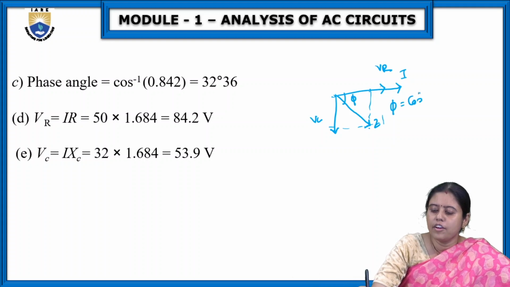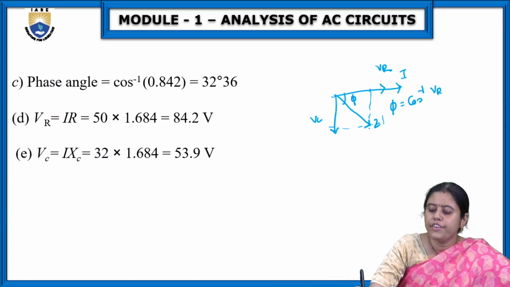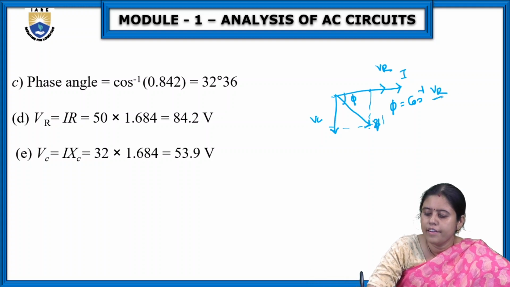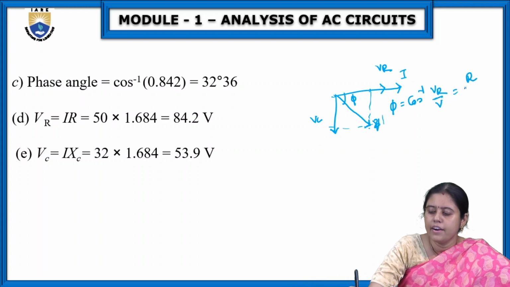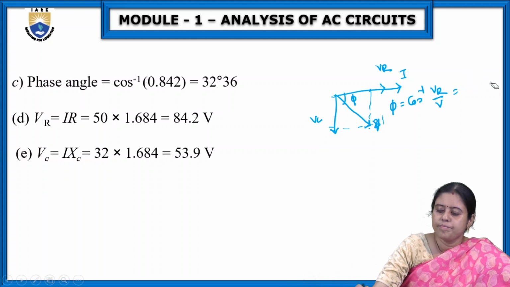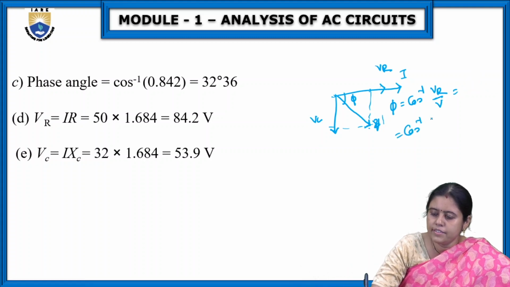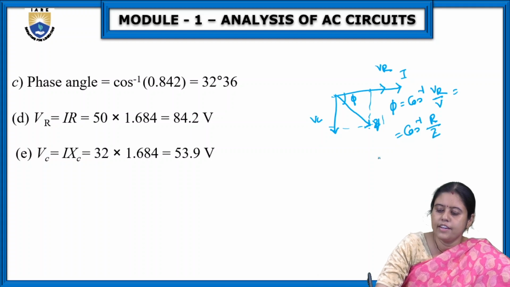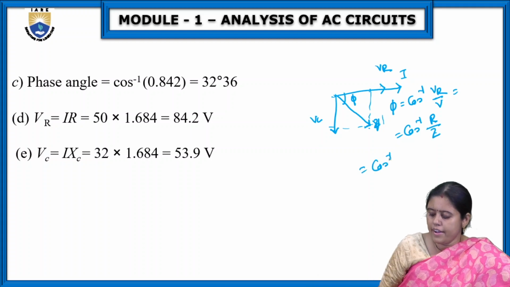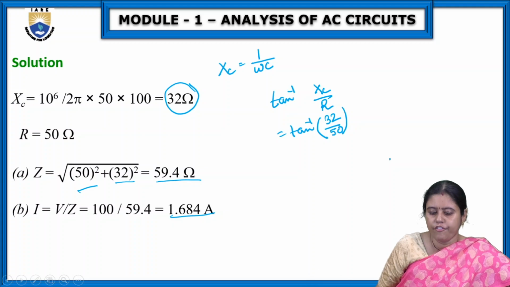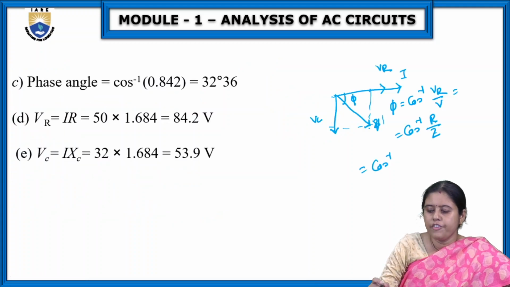If this is the phi angle, what is phi? Phi is equal to cos inverse of VR by V, means cos inverse of R by Z. What is the value of R? The R value given here is 50 and the Z value we got is 59.4.